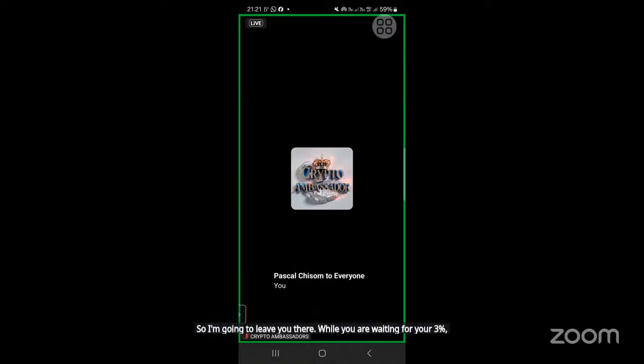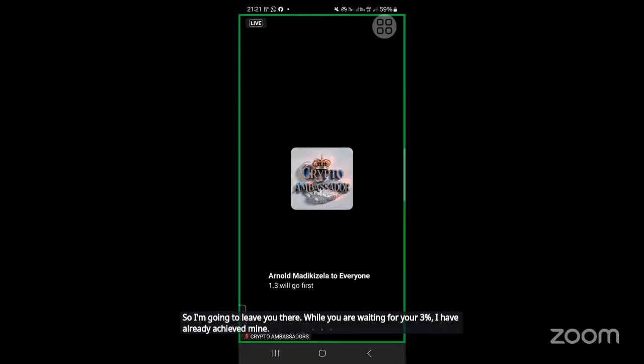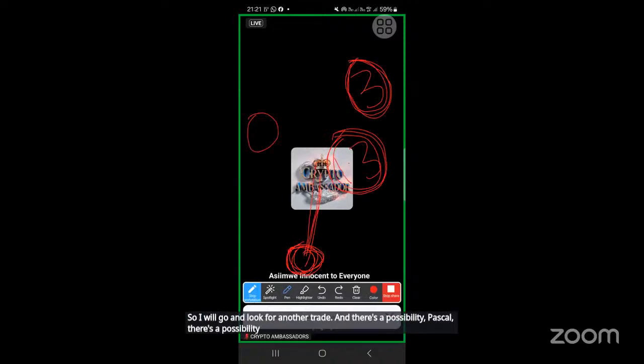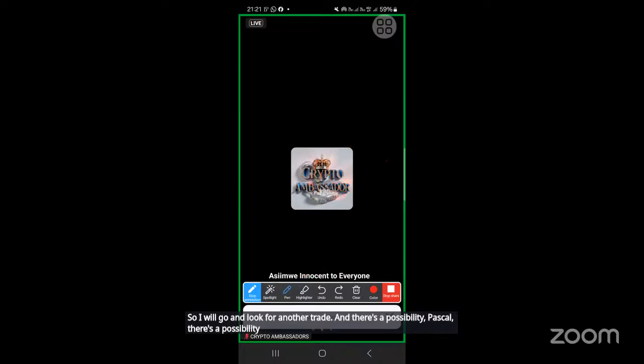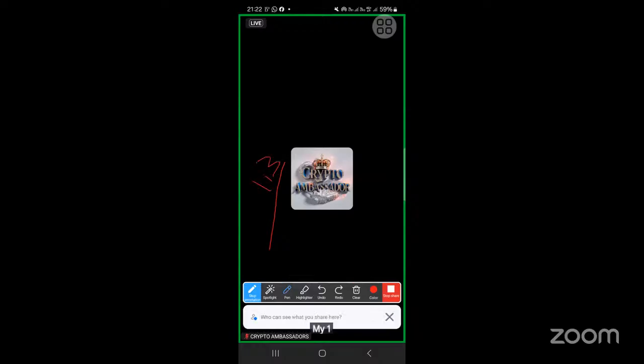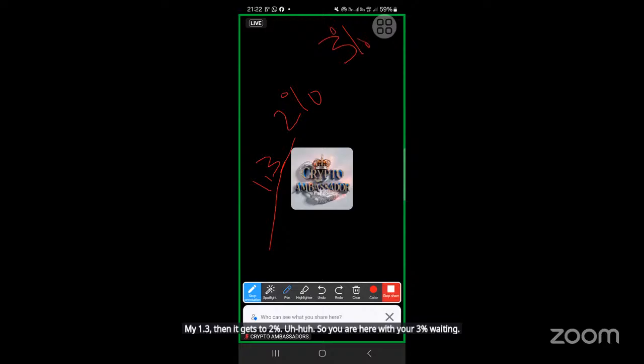I have already achieved mine. So I will go and look for another trade. And there's a possibility, Pascal, that when the prices start to rise, it's going to get me here, my 1.3, then it gets to 2%. So you are here with your 3% waiting for the price to get you.